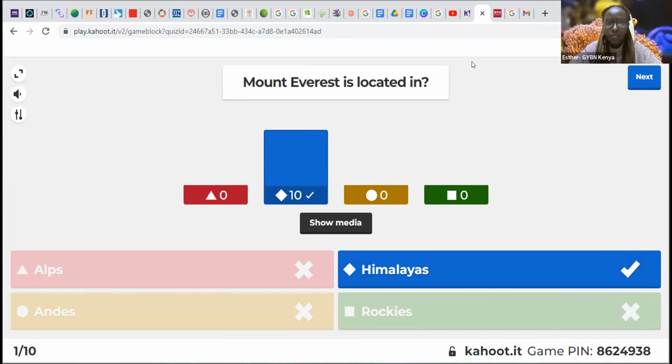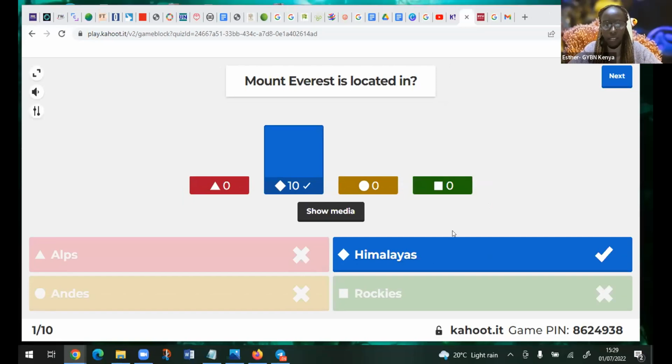It says next on the right. No. I don't know what happened. You want to try resharing your screen? Maybe it will work then. I tried to share it again, but I still can't proceed.